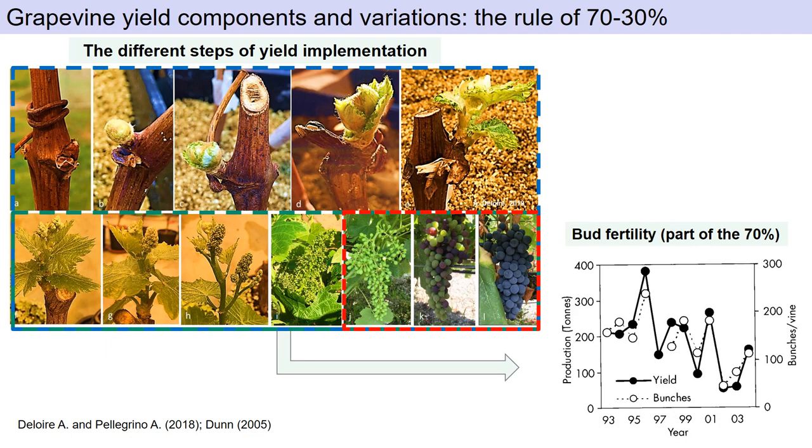And on the right hand side you have a figure which nicely shows a very good relation between yield in tons of production and the number of bunches, knowing that on those bunches the number of berries is fixed, and then the growth of the fruit is now mainly due to water and nitrogen, to make a long story short.